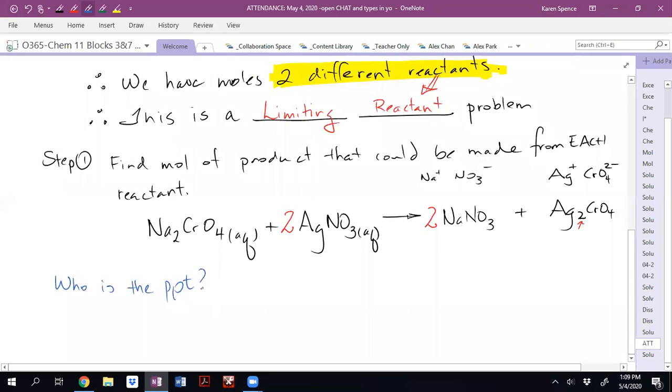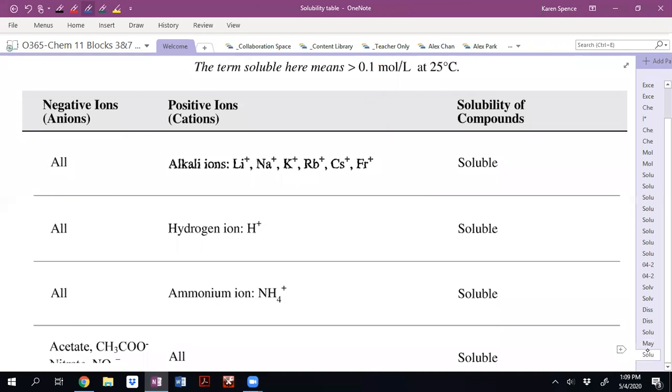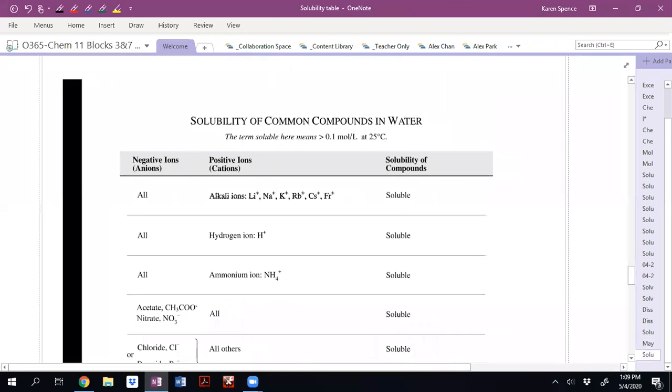What tool do we use in order to know who is the solid? Do you guys remember? Where do you look? Your data booklet. Yeah, you look in the data booklet. I think it's on like page 5 or 6. There's our data booklet, and you want the one that is the solubility of common compounds in solution.